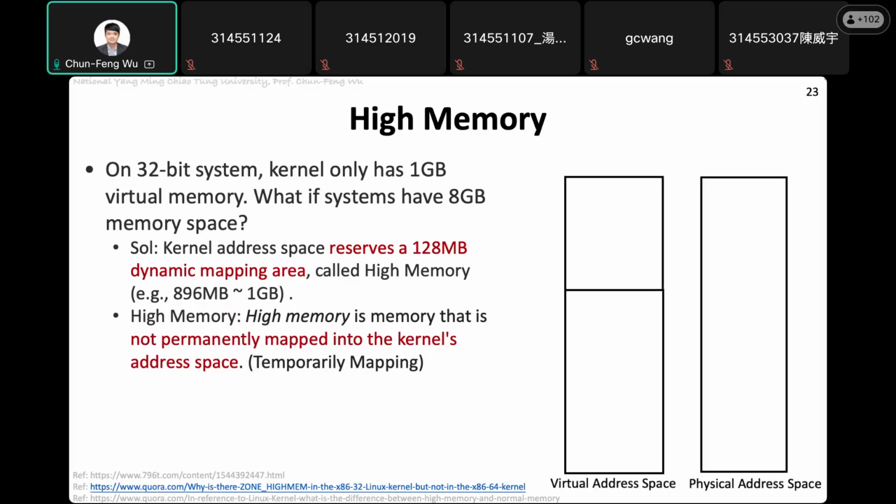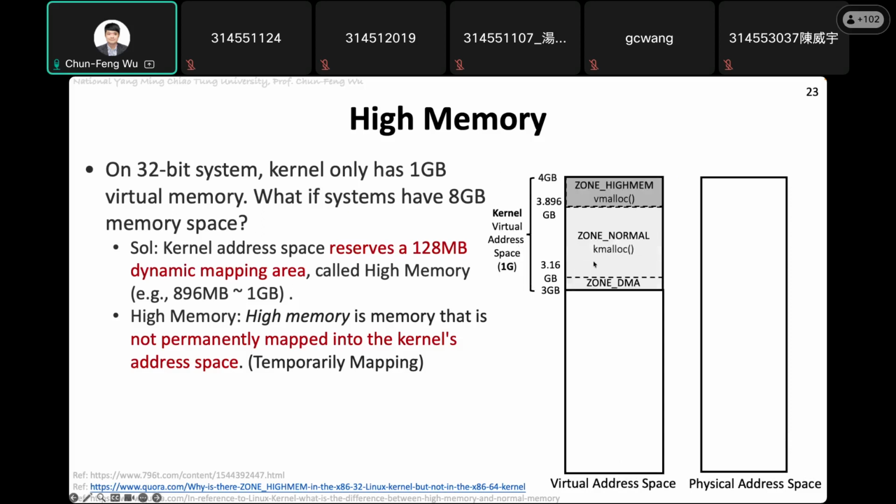So I think this is not easy to understand, so here come some figures. Given a virtual address space on the left-hand side and a physical address space on the right-hand side, we say the kernel virtual address space is 1 GB. Here is ZONE_DMA from 3 GB to 3 GB plus 16 MB, because DMA, if I remember correctly, is 16 MB only.